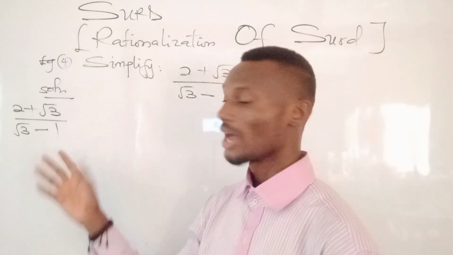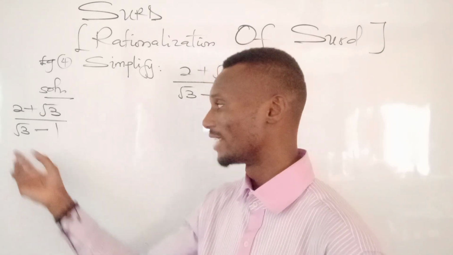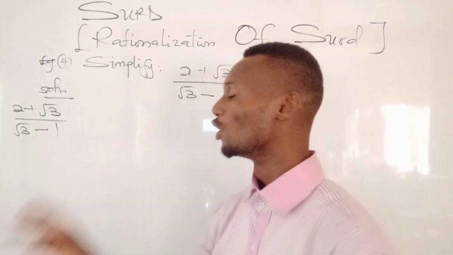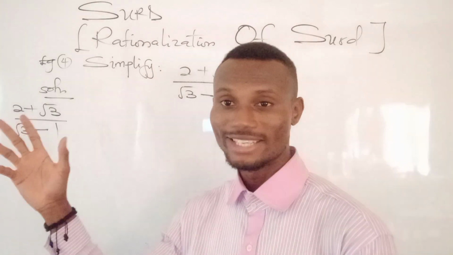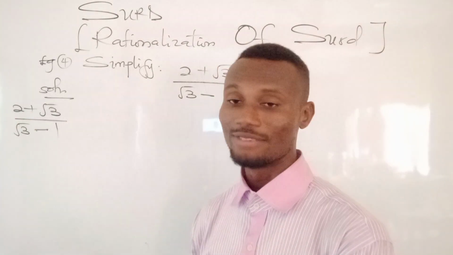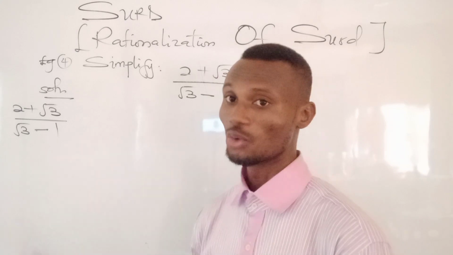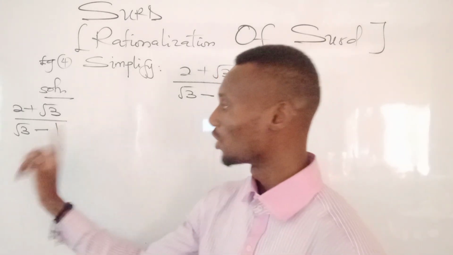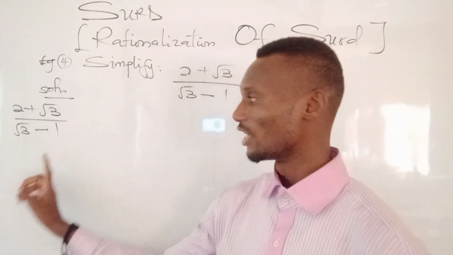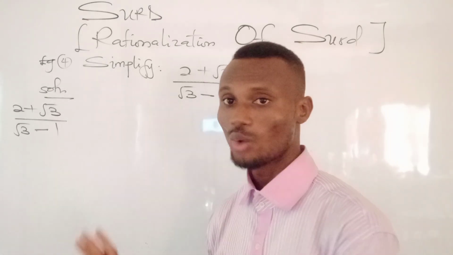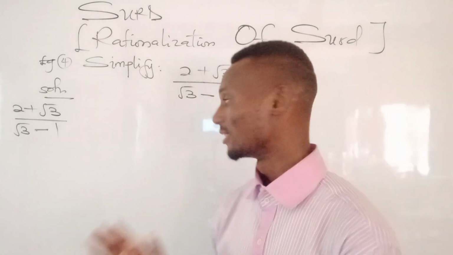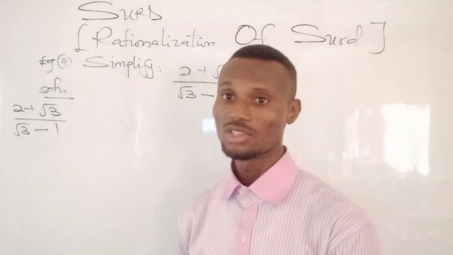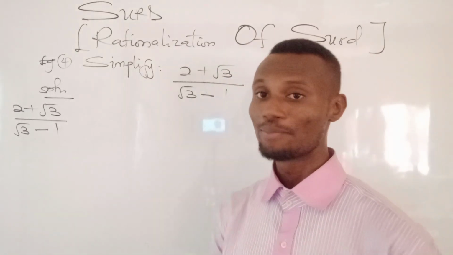We are going to use the conjugate of the denominator that we have here to multiply both the numerator and the denominator of the same fraction. So that's what you are going to do. And the conjugate of the denominator is going to be root 3 plus 1. I hope you understand that and you agree with me because we've explained this in the previous videos.